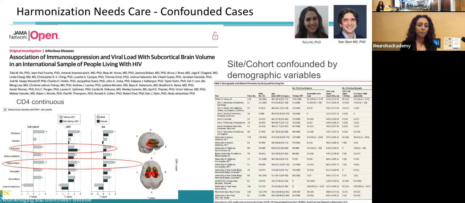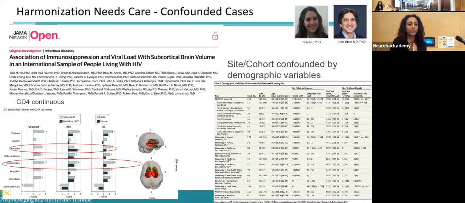So if we do any statistically based correction, you don't know if you're correcting for sex, for site, or for viral load, because this one site was very extreme, and I think something like 75% of the females in the sample were from that site.